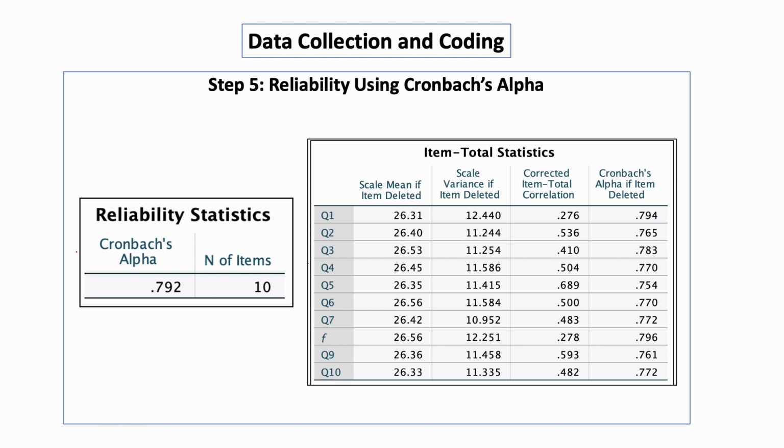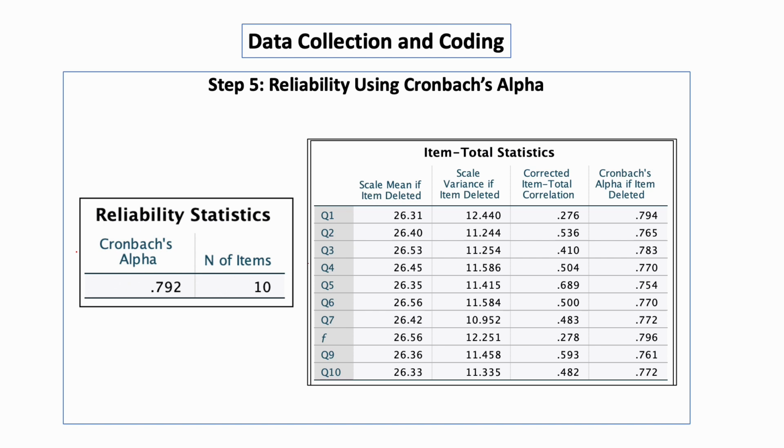Similarly, item 2 has gone down when we remove it. It means that this item is actually contributing a lot, because if we remove it, the Cronbach alpha will fall. For some items, for example item number 5, the Cronbach alpha will fall from 0.792 to 0.754.